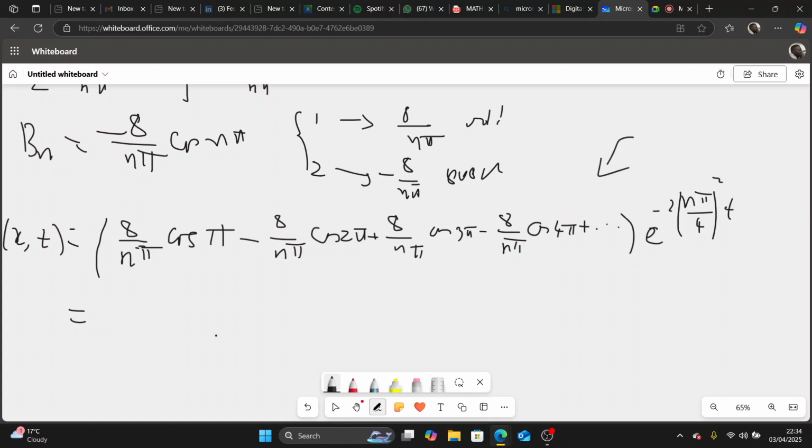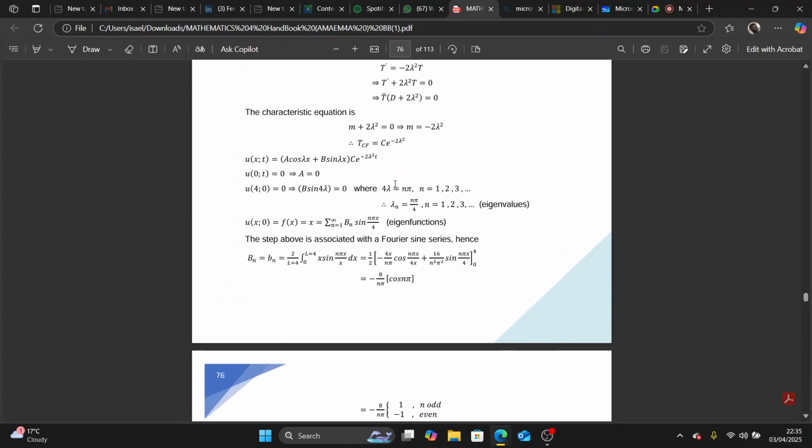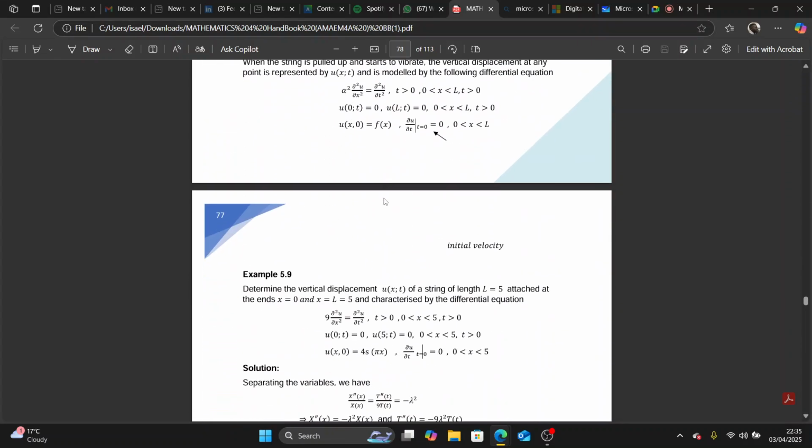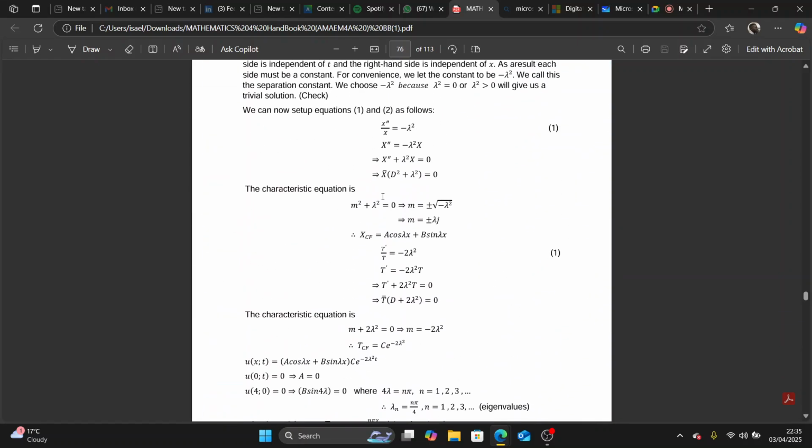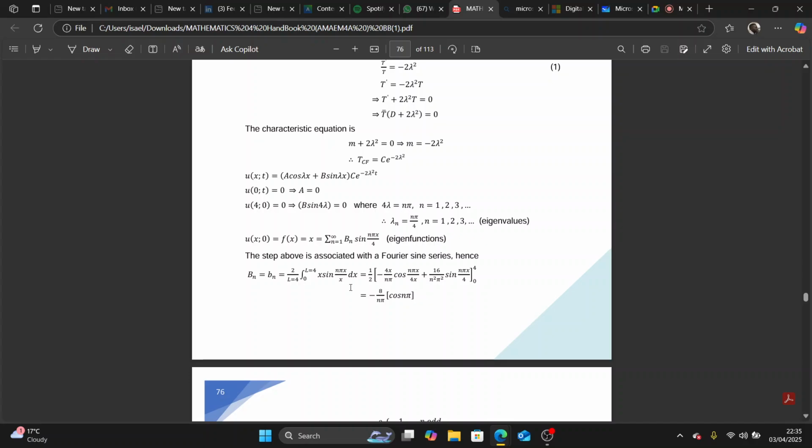If I had to write it, what I would do is write 8 over pi outside. That's how we write it. Let's just follow to see that we are on the same page.